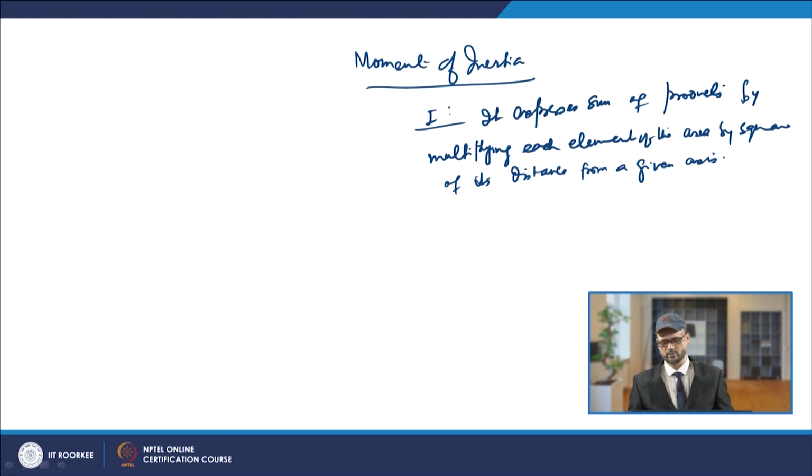So, this way you basically find the moment of inertia, and this axis will be lying in the plane of the cross section. So, you will have one axis, and about that you will be having this value of the moment of inertia. Normally you multiply each area element with the square of the distance, so you will have the unit that is mm4.